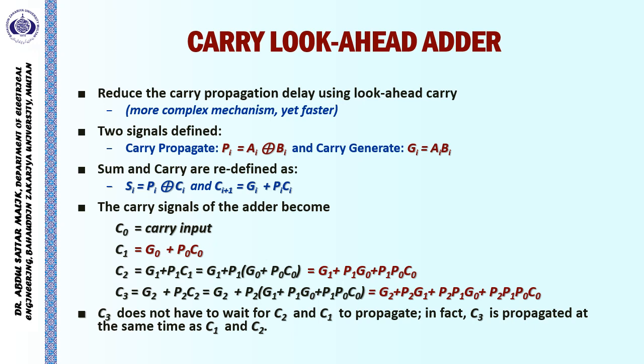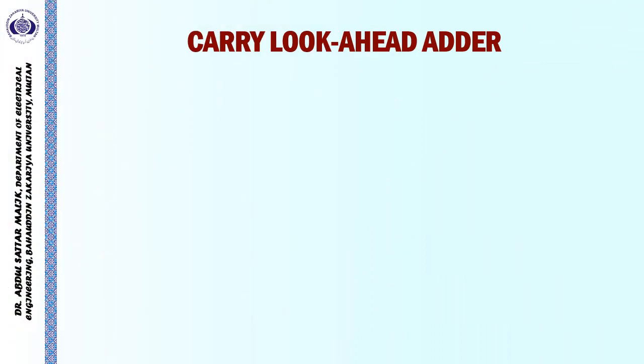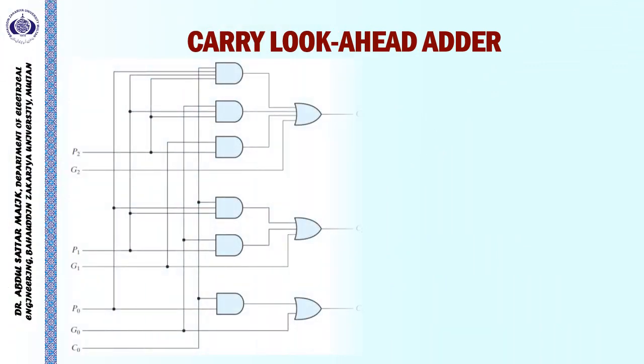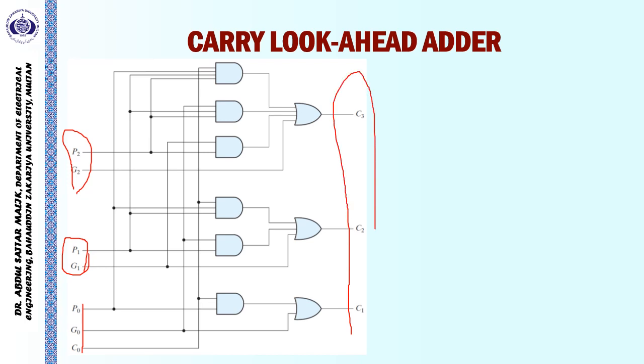In fact, C3 is generated at the same time as C1 and C2. So if we have C0, G0, P0, G1, P1, G2, P2, and so on, we can generate C1, C2, and C3 in a two-level implementation.